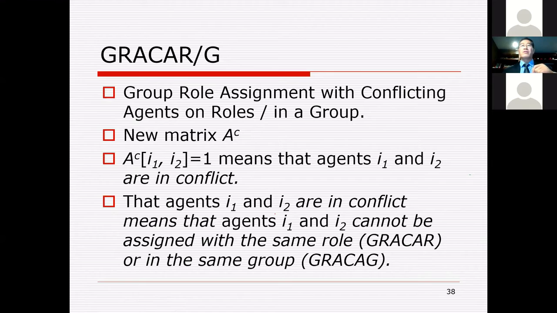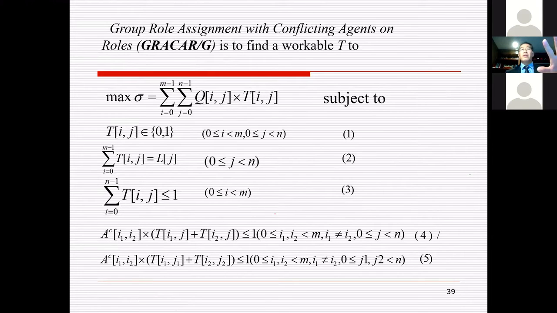1 means conflict. Constraints 1, 2, 3 are the same as GRA, but we introduce a new one. Maybe you can try to understand what the research is. The research is to find the specification, to find this equation. This equation expresses: do not assign two conflicting agents onto the same row.